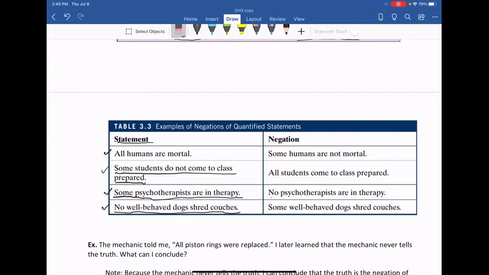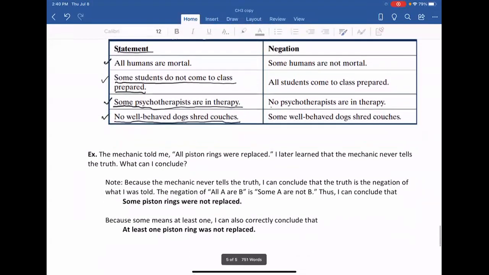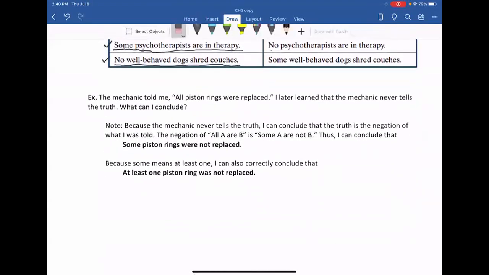Okay, let's move on to the example. The mechanic told me all piston rings were replaced. I later realized that the mechanic never tells the truth. So this statement is P, and P is a false statement. What can I conclude?